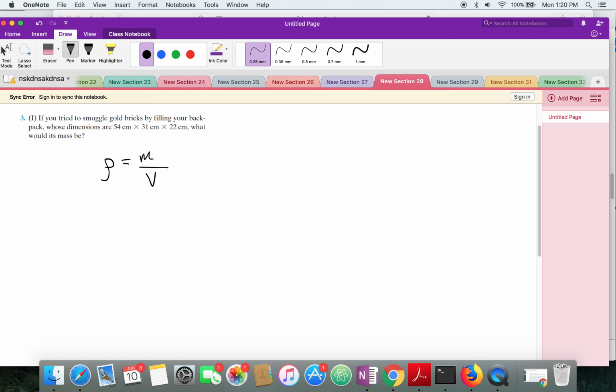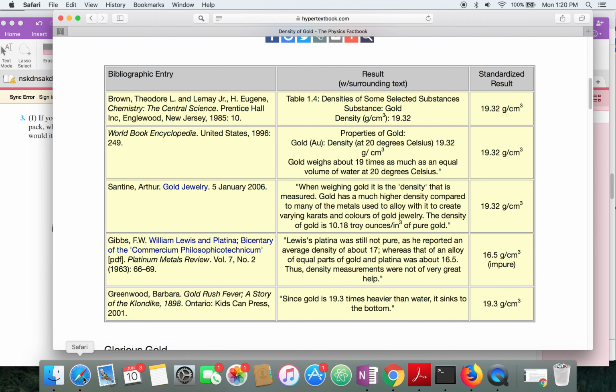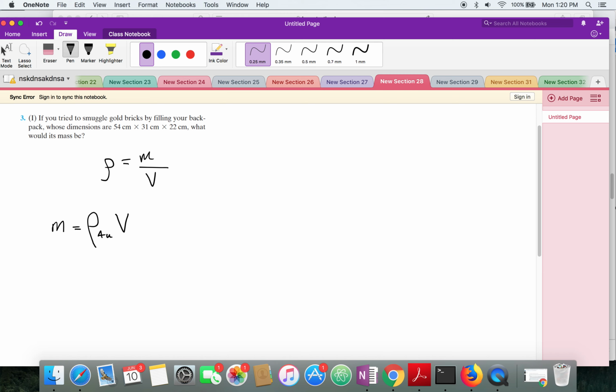They want the mass, right? So the mass of our sample is going to be the density of gold, let's call it AU for gold, times the volume. The density of gold is 19.32 grams per cubic centimeter.